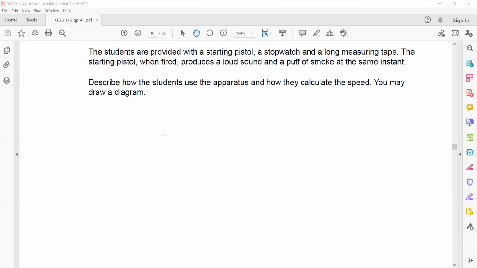So when a person at position A fires the shell, two things happen. It will produce both sound and light. But because the speed of light is super fast, 3 times 10 to the power 8 meters per second, almost instantly the person at position B will see the flash.